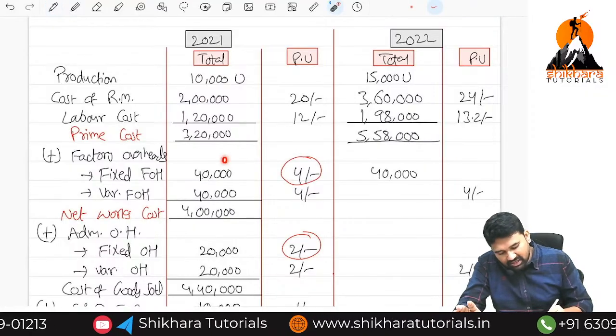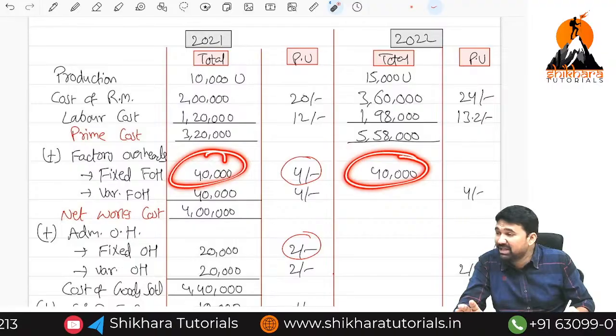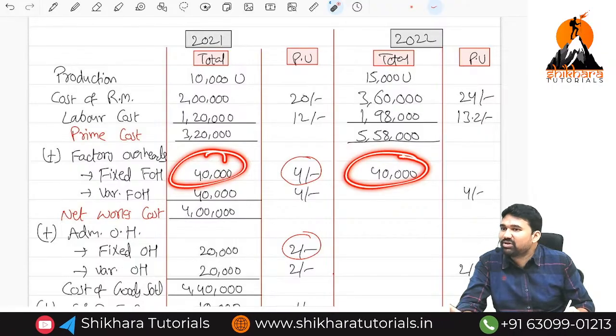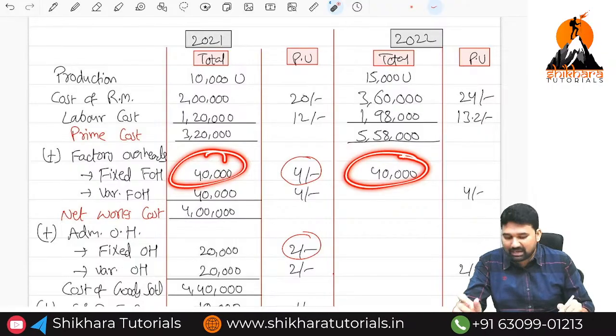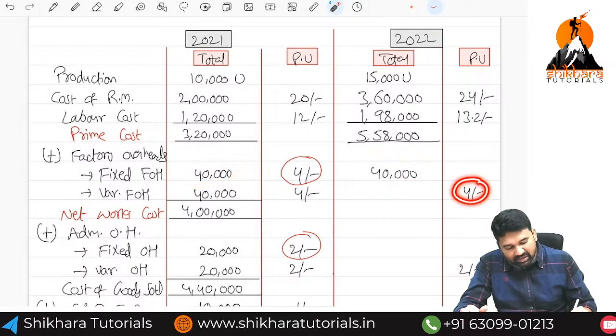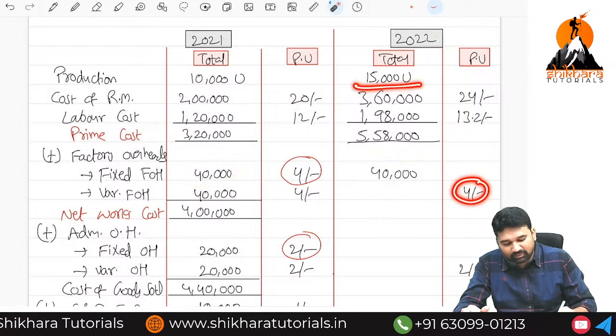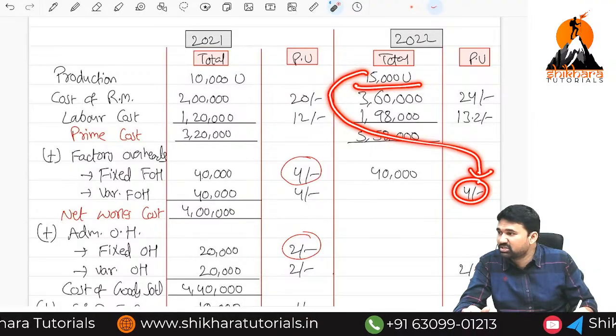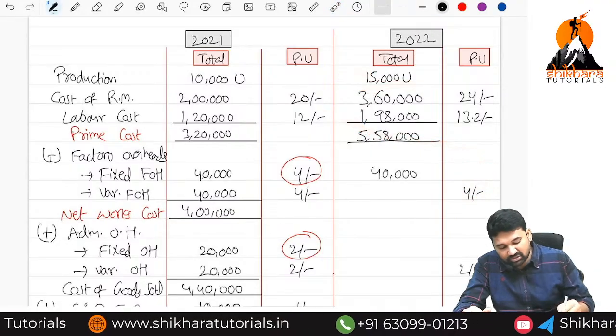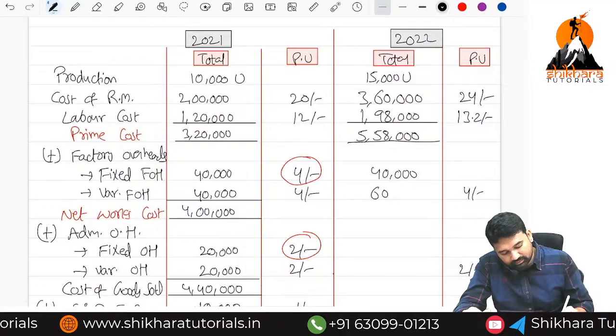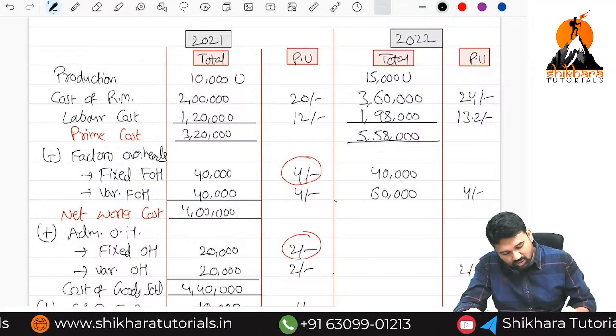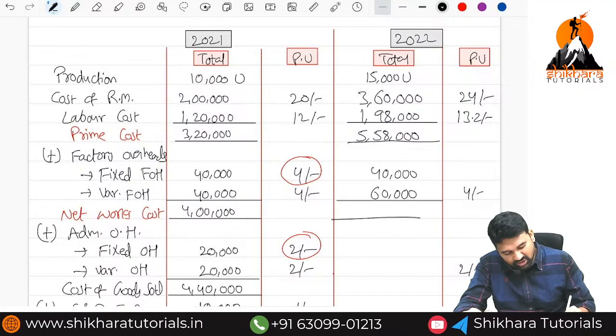Sir, here also 40,000, here also 40,000. Why? Fixed overheads are fixed. Okay. Next one. Variable overheads 4 rupees per unit. How many units are there? 15,000 units. Per unit 4 rupees. 15,000 into 4? 60,000. So the total sums up to how much?